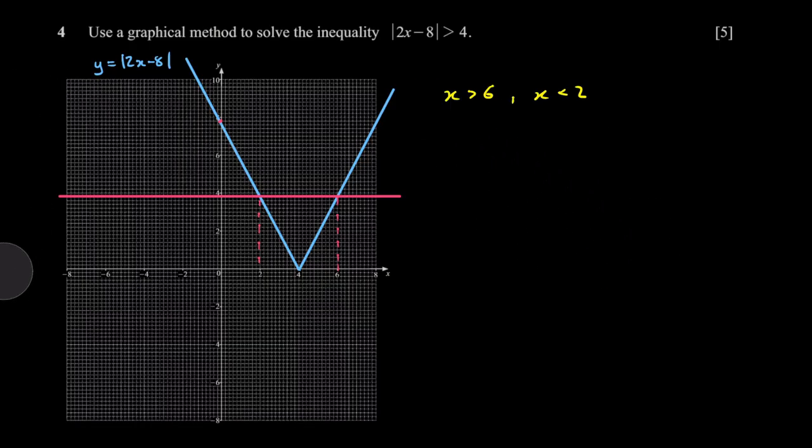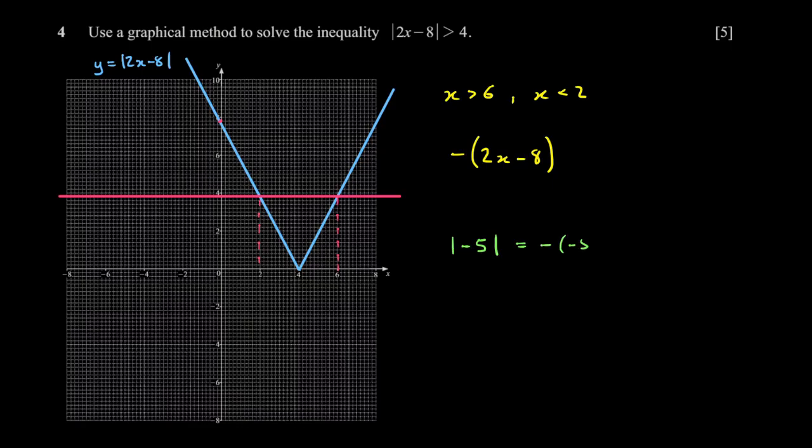Well, the graph here is the values of 2x minus 8, but we've made them into a positive. Now, how have we done that? We can imagine we've multiplied them by -1. Now, I'll just recap with you the idea of the modulus. I said before, the modulus of -5 is +5. So what's a way in which the modulus could turn it into a positive? Well, you can imagine we just multiply it by -1.